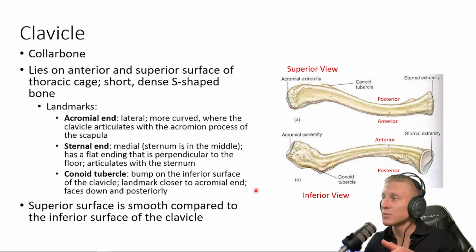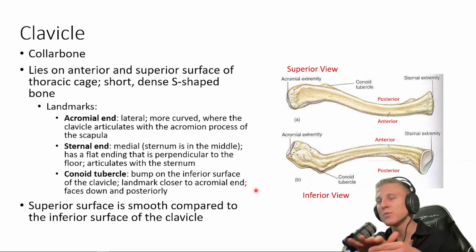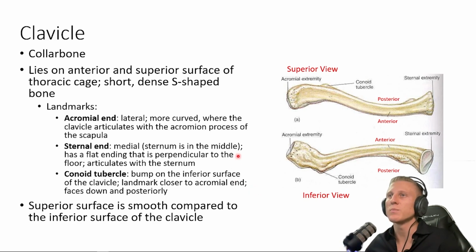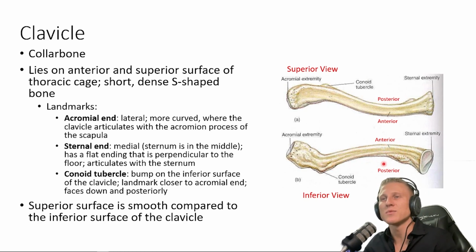And then if this was to show up on an exam and you had a clavicle, and perhaps a question would be identifying, is this a left or a right, or identifying the conoid tubercle, that sort of thing. The way to orient it, my recommendation is always place it down on the table with the smooth surface up. Okay, smooth surface up. Notice that here we're looking on the inferior posterior portion of the bone, and it's got some processes and some tubercles back here and some ridge lines, so it's a much more rough surface if you feel the bone.